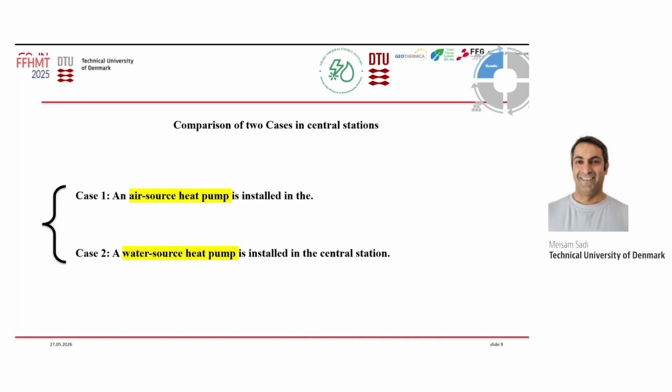For this comparison, before that, I need to say that we should identify the heat source type. So we defined two cases here: in one case we have an air source heat pump, and in the second case we defined a water source heat pump, and then the comparison is done for the different cases.